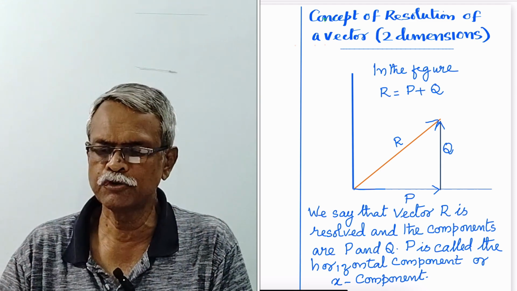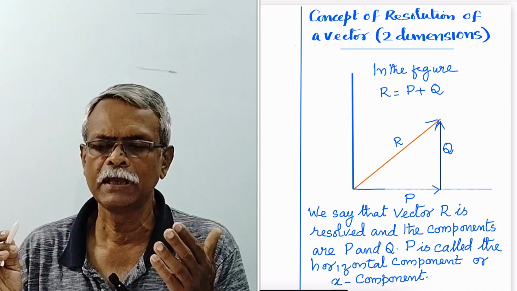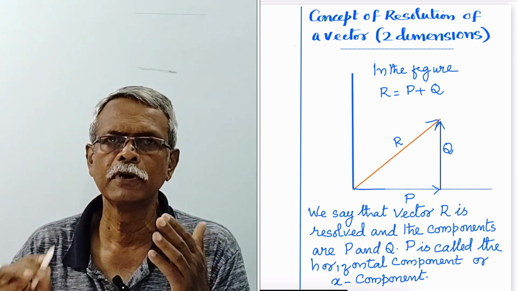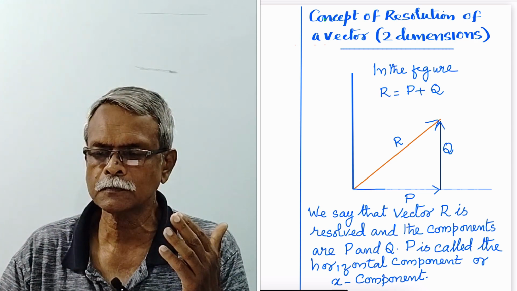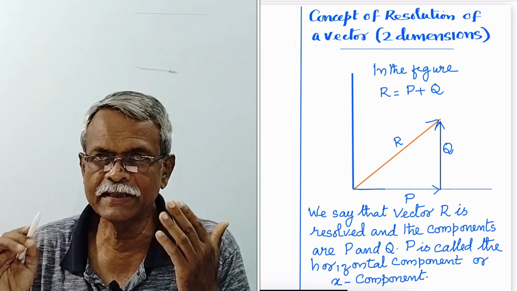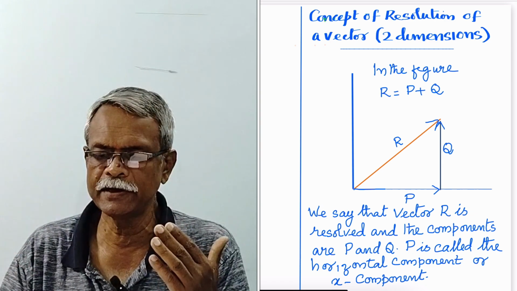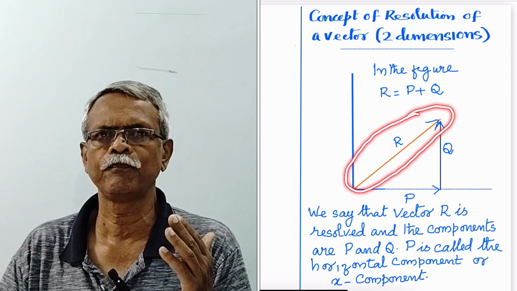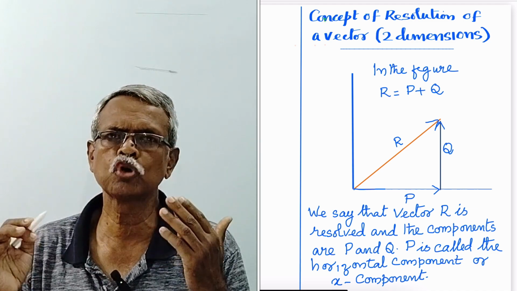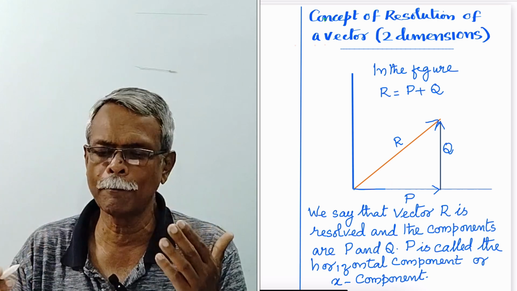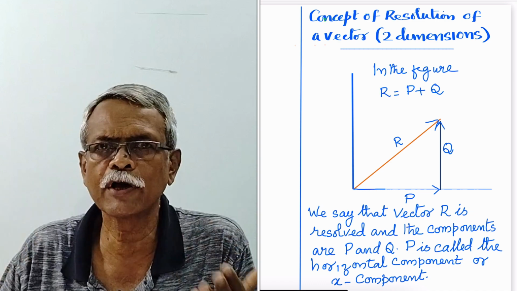And here in this figure we can see that this vector R can be represented as the sum of two mutually perpendicular vectors P and Q. And we say that the vector R is resolved into two vectors P and Q. This vector P is called the horizontal component or the X component, and Q is called the vertical component, that is the Y component.